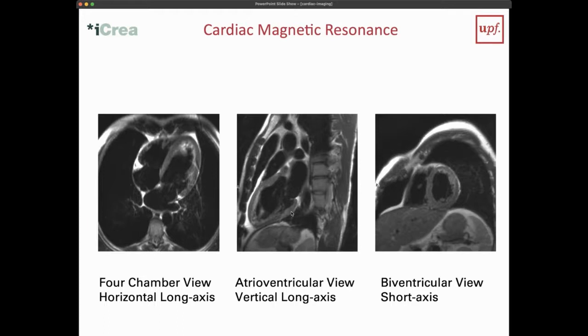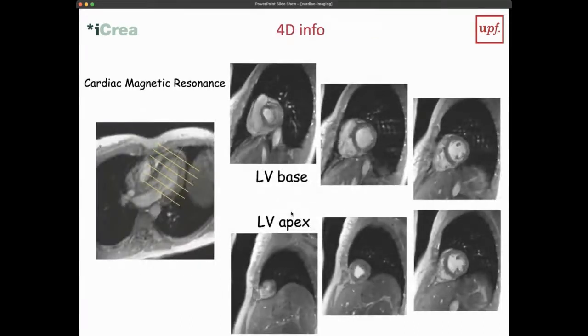But the disadvantage is, of course, as we know, that it has a relatively low spatial resolution, and the temporal resolution is also less. We can do dynamic imaging, so we can really look at the contraction of the heart, but keep in mind that this is most often done over different cardiac cycles. So we can only do this in patients that have a very stable cardiac cycle.